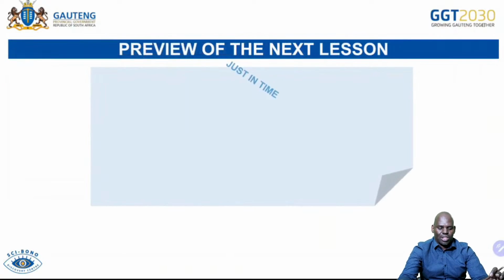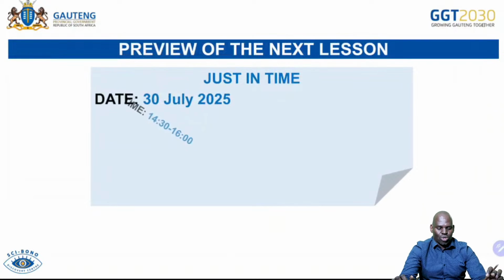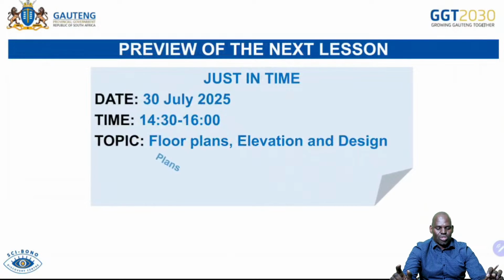Next week is the 30th of July, and remember, the time is from 14:30 until 16:00. The focus is going to be on floor plans, elevation, and design plans. Remember, that is according to your ATP.